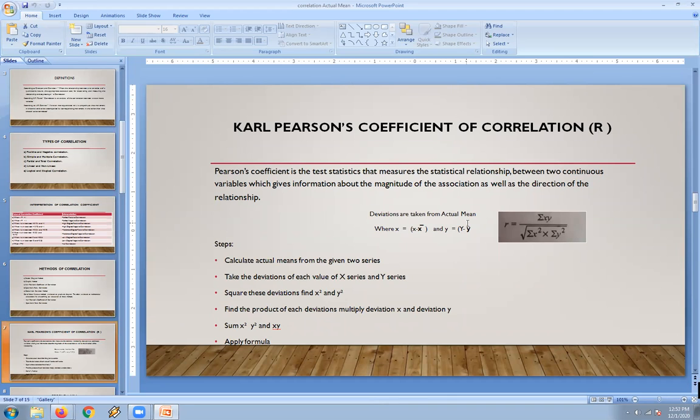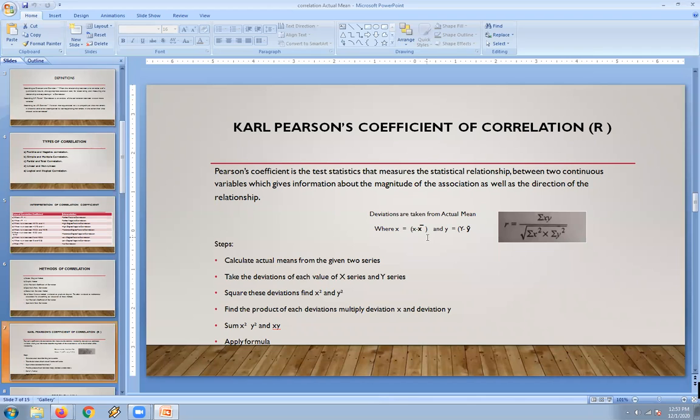In the actual mean method, the deviation of x is nothing but x minus x mean. We know the x and y variables. The total of x will be used for the calculation of x mean, that is x mean equals sigma x by n.